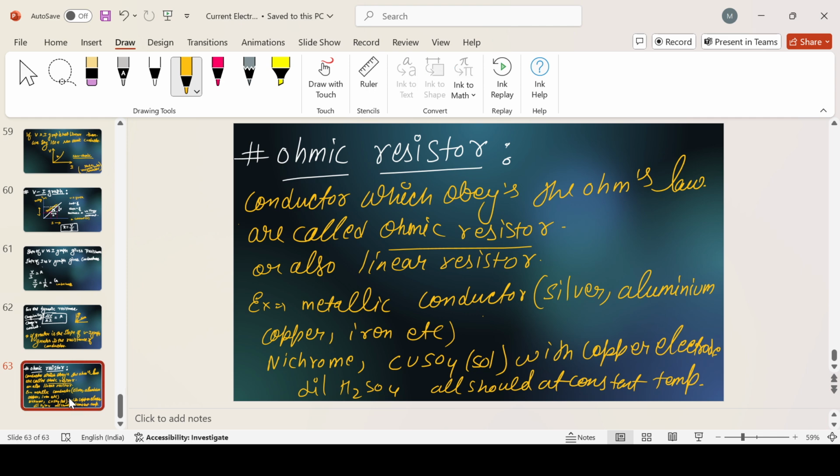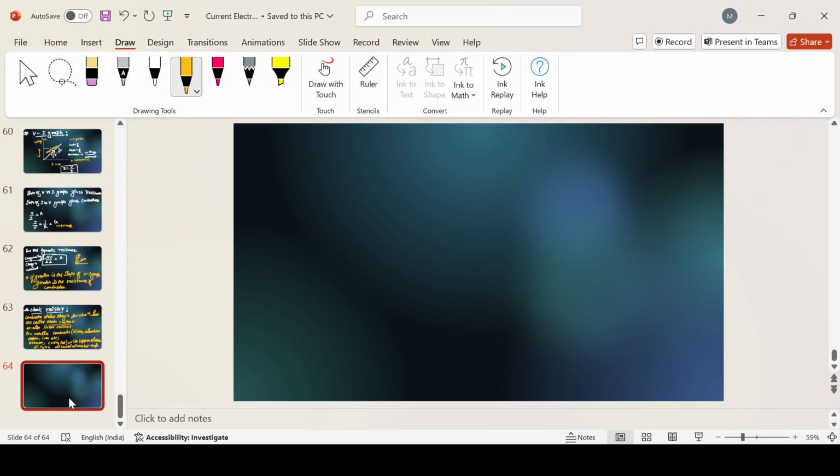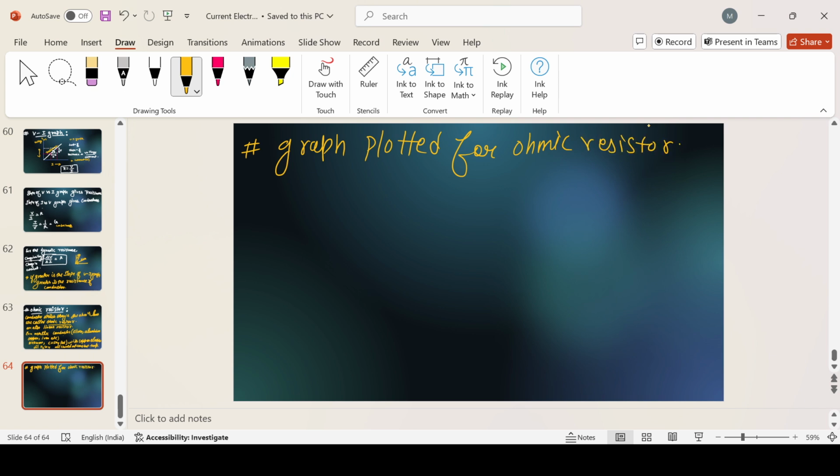Now what about the graph for these? The graph plotted for an ohmic resistor is a straight line. ठीक है?